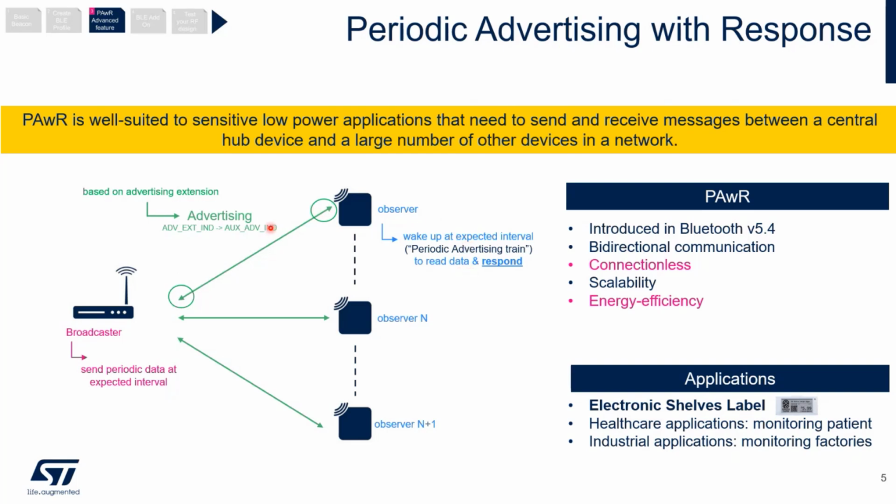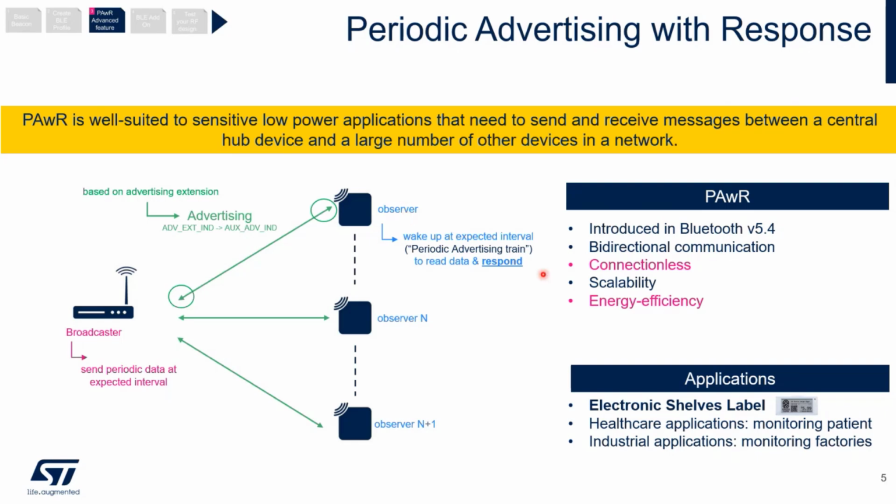So this concept is based on advertising extensions, okay. It has been introduced with BLE 5.4, supported over WB0. It allows to enable bidirectional communication in, let's say, connectionless mode. And as you can understand, one of the first strong interests is the energy efficiency of the observer, that only has to wake up at some specific interval and sleep again, okay.